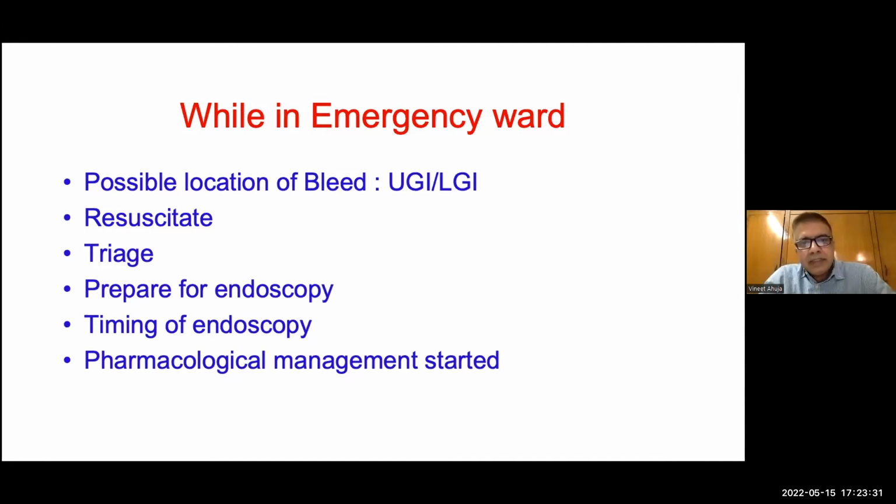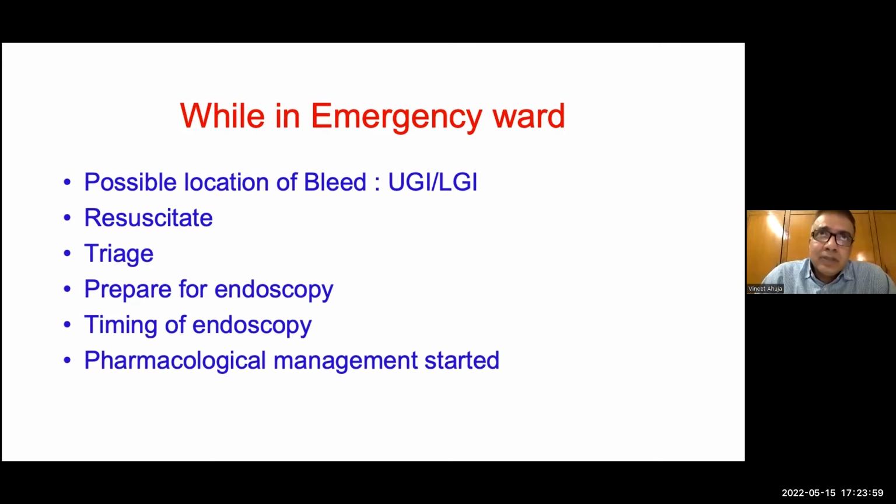So while the patient is in the emergency ward, with the help of history and examination, you have possibly localized the bleed, whether it is upper GI or lower GI, or possibly mid GI. You have resuscitated the patient with the help of fluids. You have triaged the patient with the help of the Glasgow-Blatchford score, whether the patient requires admission or not. You have prepared the patient for endoscopy in terms of how much blood transfusion the patient requires, as we have talked about the restrictive blood transfusion strategy.